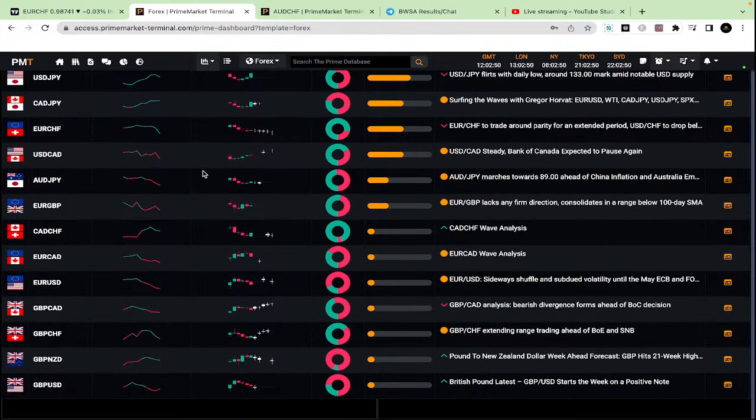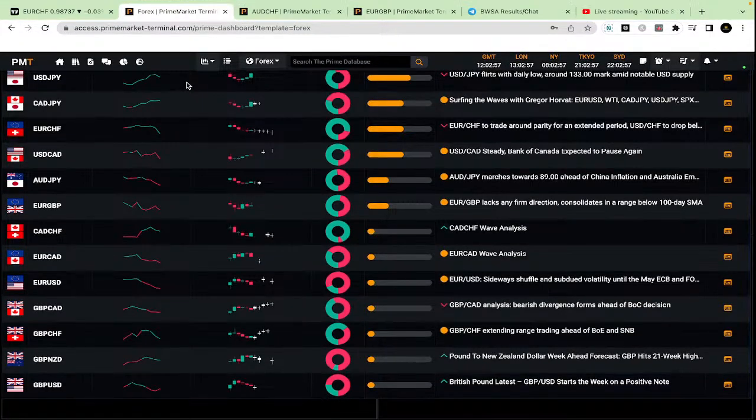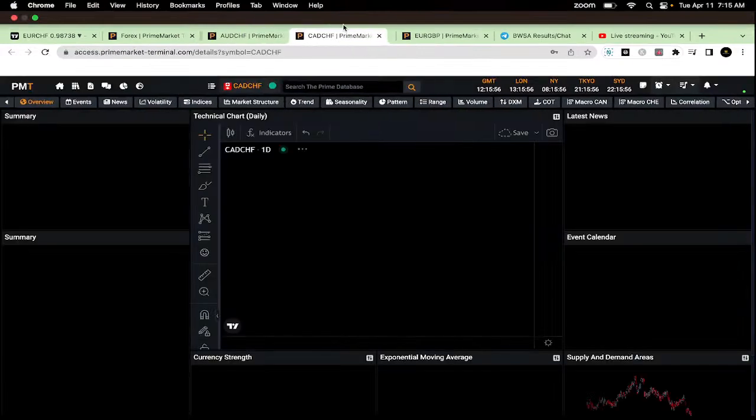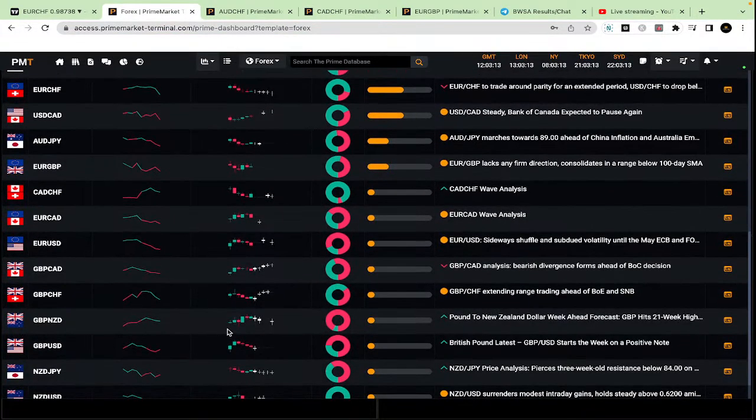USD CAD won't be ready for a while. Euro Great British Pound, we can check that out. It's a good one to grab every once in a while when you can. Kind of an awkward pair, but that's okay. CAD Swiss franc also should be on the list. Great British Pound Swiss franc, it's not going to be ready until next week.